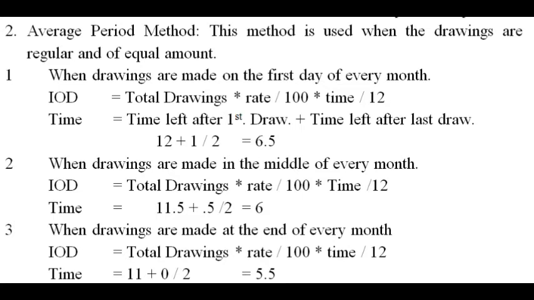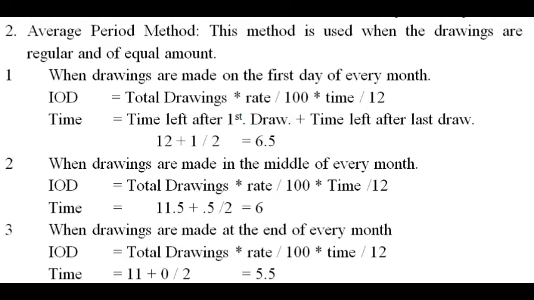So how to find out the time? The formula for calculating time is time left after first drawing plus time left after last drawing, divided by 2. So when the drawings are made on the first day of every month, first drawing was made on April 1st.